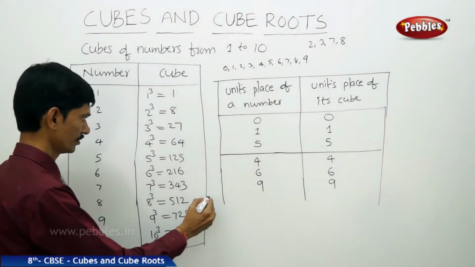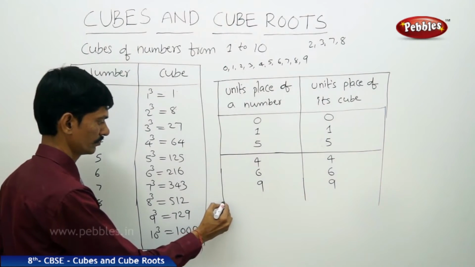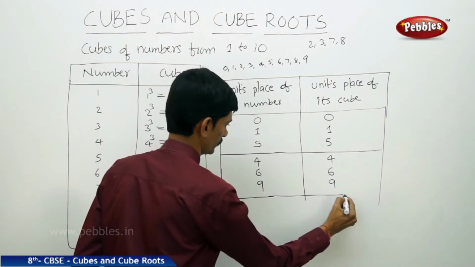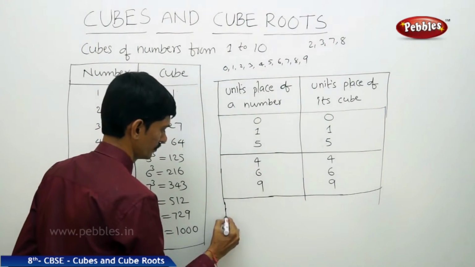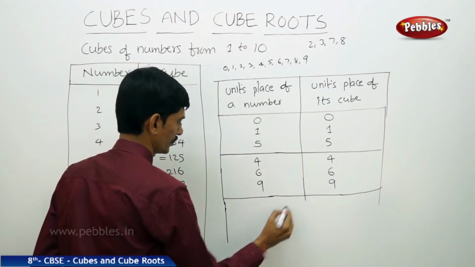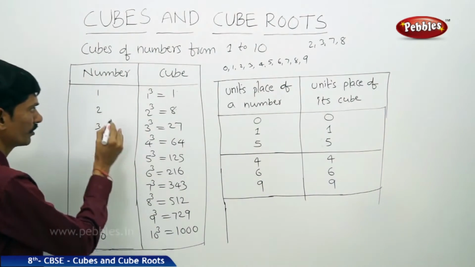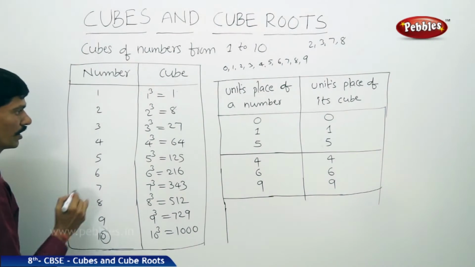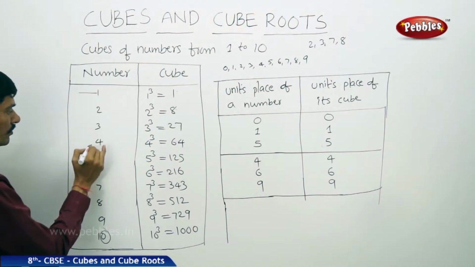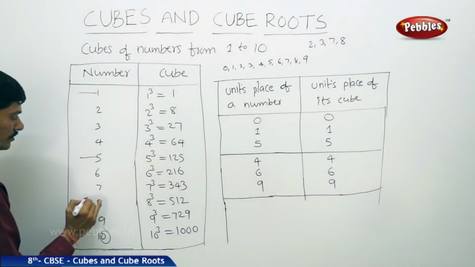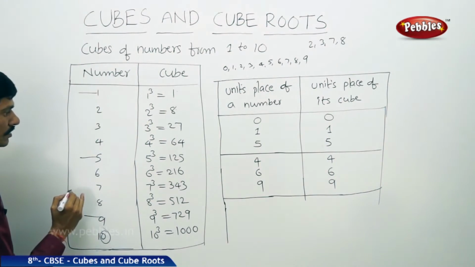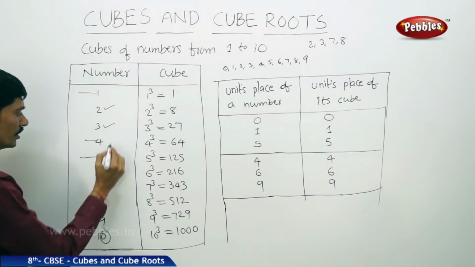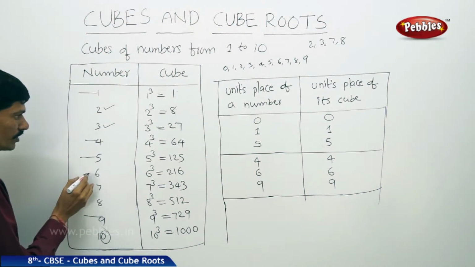Now we have already observed 0, 1, 5, 9, and even 4 and 6.